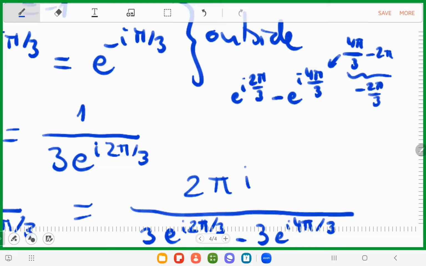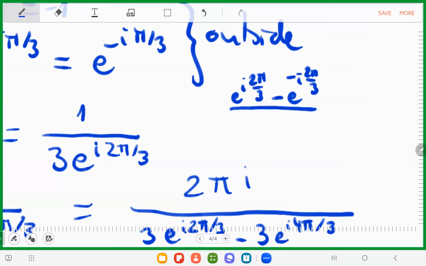Remember, the same point on the complex plane means the same number. The exponential of i 4 pi over 3 is the same as the exponential of minus i 2 pi over 3. And then we know that this divided by 2i is the sine of 2 pi over 3.